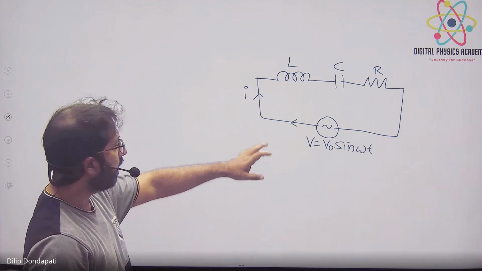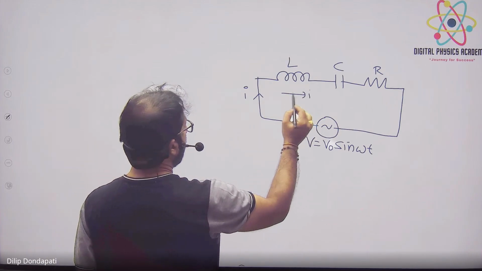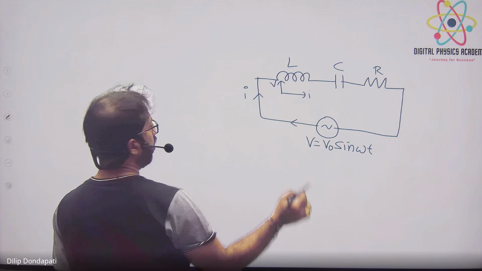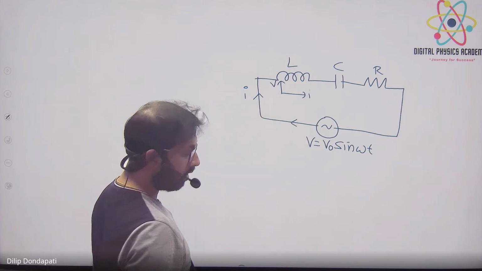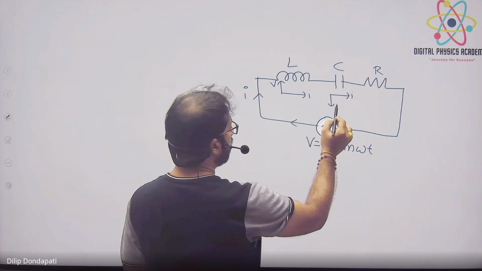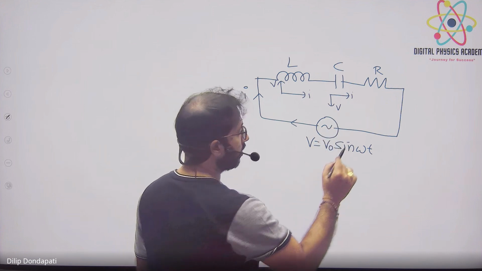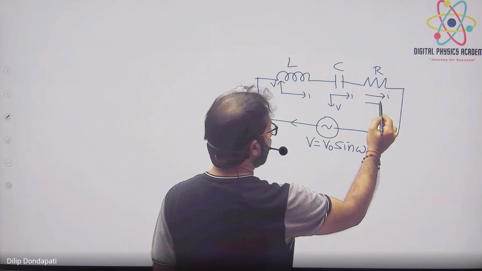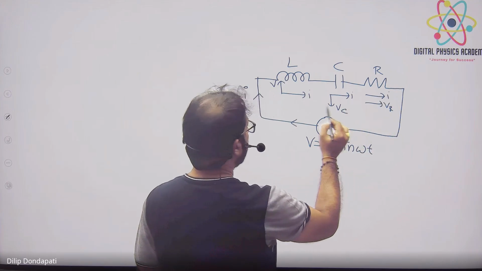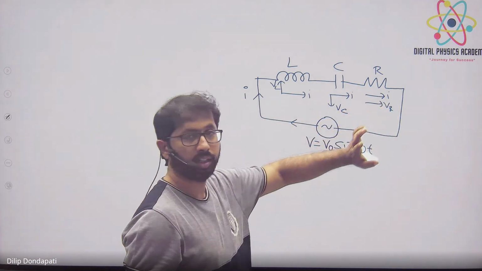You tell me in a purely inductor में क्या होगा? Current lags voltage by π/2. In a purely capacitor में current leads voltage by π/2. In a purely resistance में current and voltage are in the same phase. Current and voltage across the resistance are in the same phase. Voltage across inductor, voltage across capacitor, voltage across resistor.